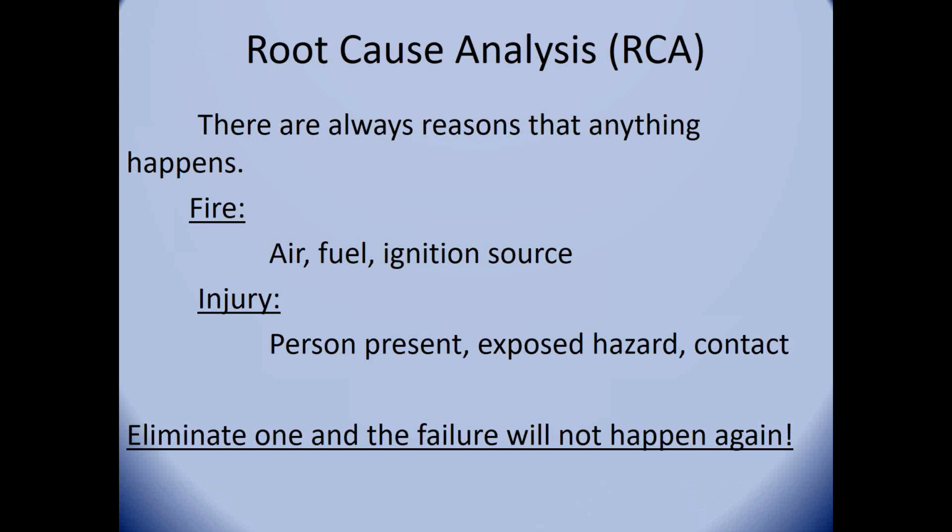An example would be an entry permit. We make out an entry permit, we test the atmosphere, and we go through all the safety procedures to make sure that if the person has to enter, he doesn't come in contact with anything. So that's guarding and different things. With good safety programs, you've eliminated one of these three things. If we eliminate any one of these, the failure will not happen again or will not happen at all.